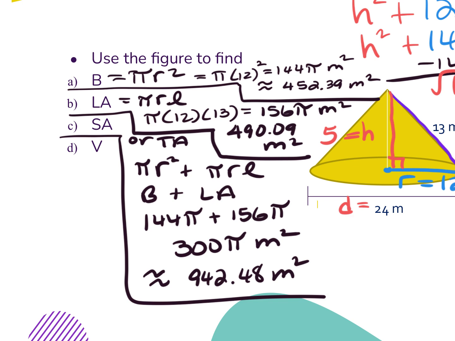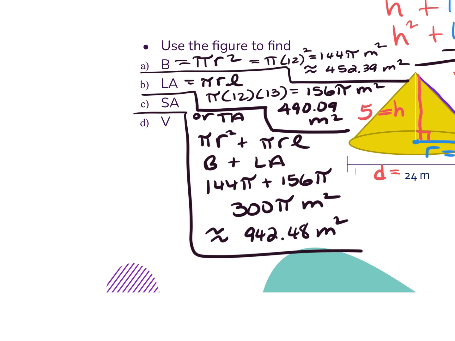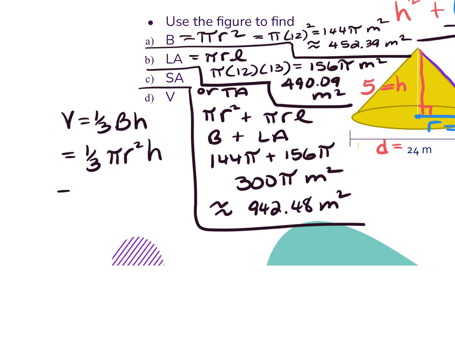Let's try the volume. Remember that's 1/3 BH. And again, remember your B is a circle. So pi r squared times height. And let's fill it in. So 1/3 pi times 12 squared times the height, which I calculated, which is 5.